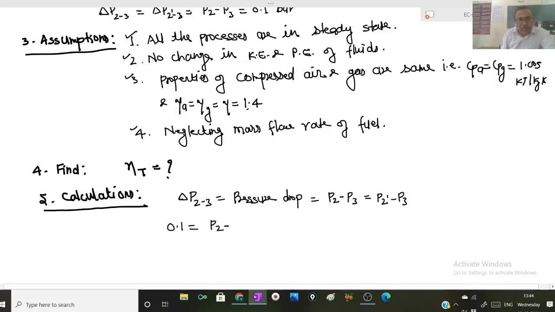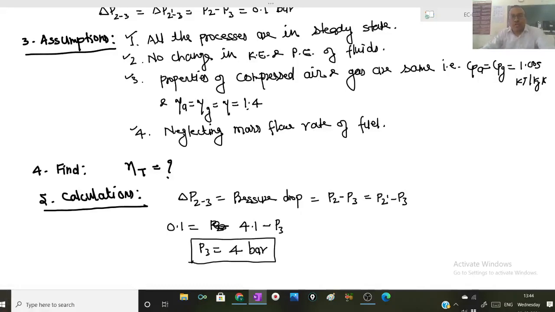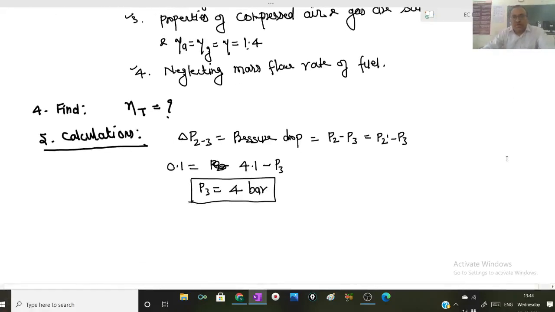P2 is given as 4.1 bar. So from here I can calculate P3, that is the pressure of the exhaust gas coming out from the combustion chamber. So P3 is 4 bar. There is a drop of 0.1 bar while the gas is passing through the combustion chamber.